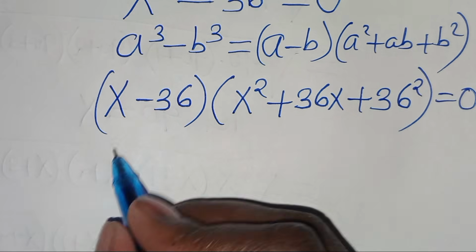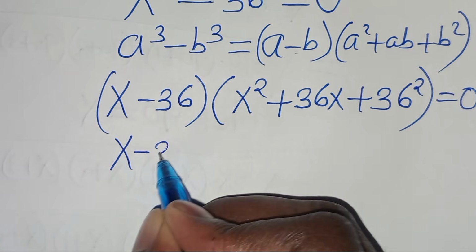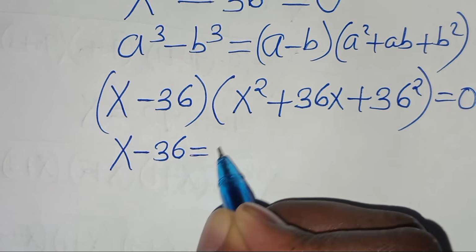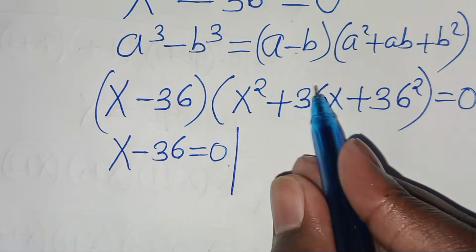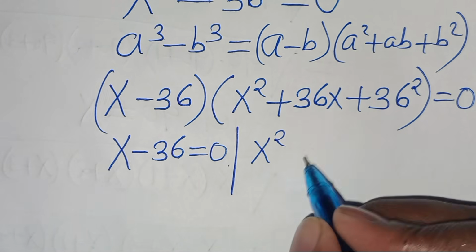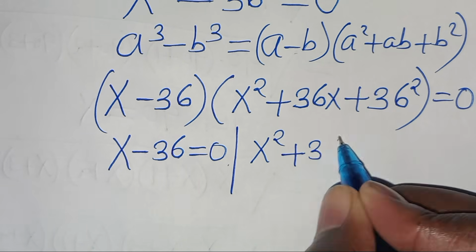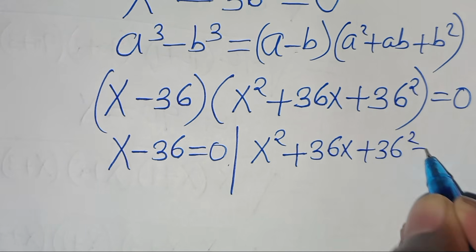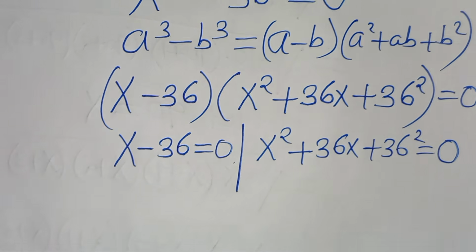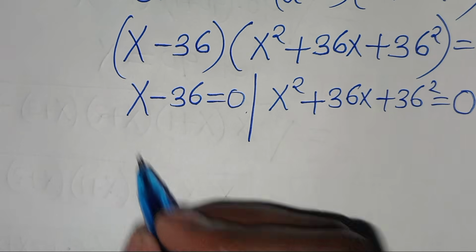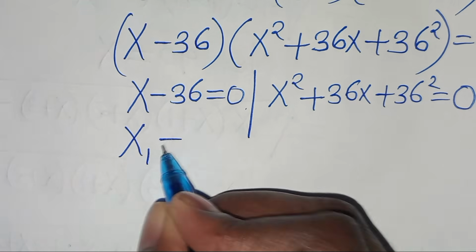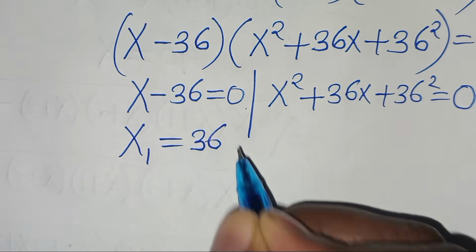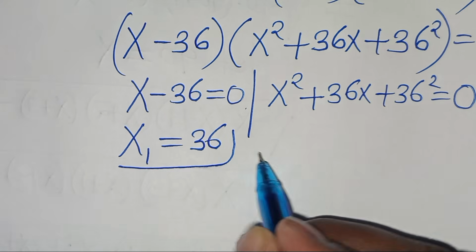So we have that x minus 36 is equal to 0, then we have x to the power of 2 plus 36x plus 36 to the power of 2 equal to 0. So we have x1 is equal to 36. This is a real solution.